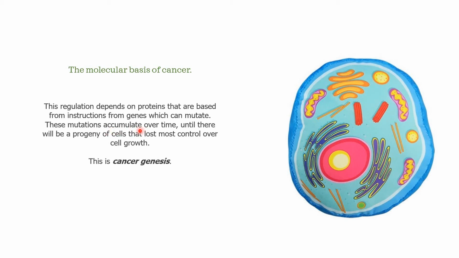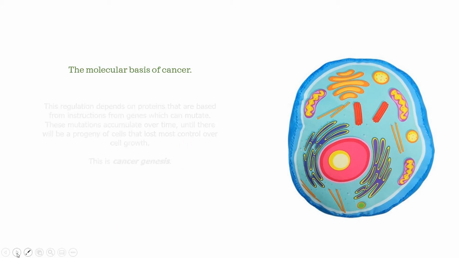Pwedeng may isang tiny mutation lang ngayon, and then next time it will be another mutation until they will be quite a lot. And then, once halimbawa na lagi na lang nagkaka-mutation, naipon na yung mga ngayon, it will come to a point when the progenies or yung mga resulting daughter cells, most of them, wala na silang control sa cell growth. Okay, so yung process na yun is what we call as cancer genesis.